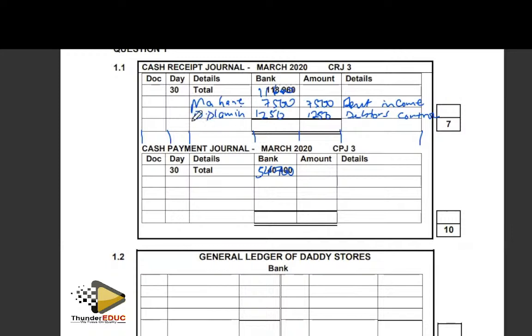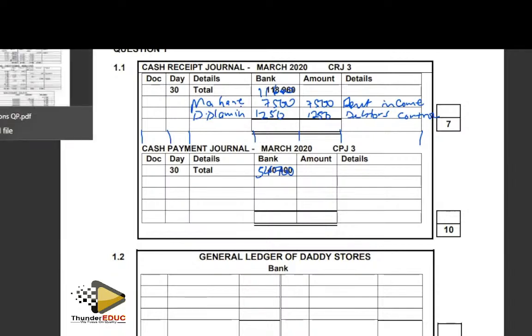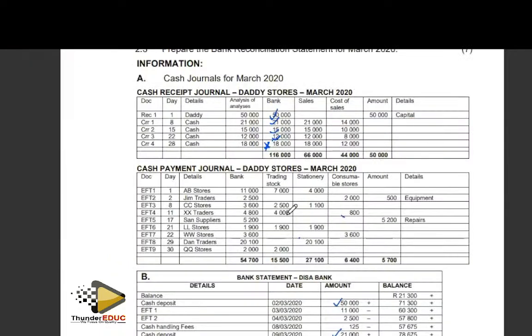So we received, remember who gave us the interest? We need to know which banker it is. Which bank are we banking in? Our banker is called Disa Bank. So we got the interest from Disa Bank.